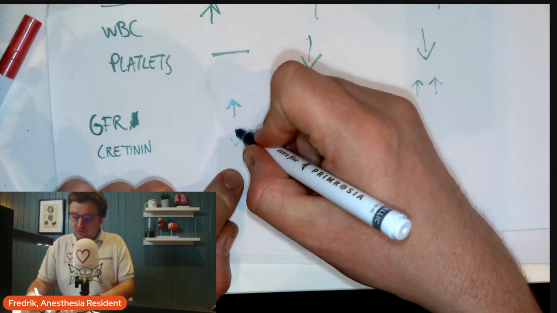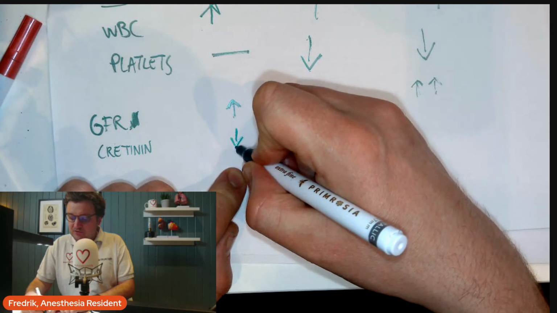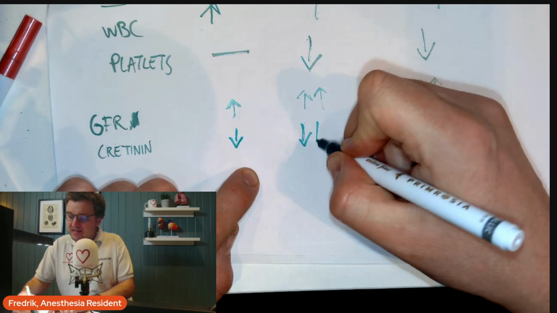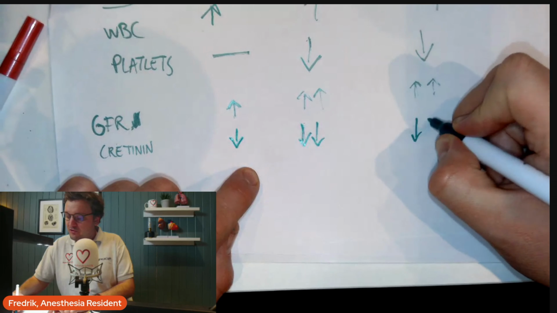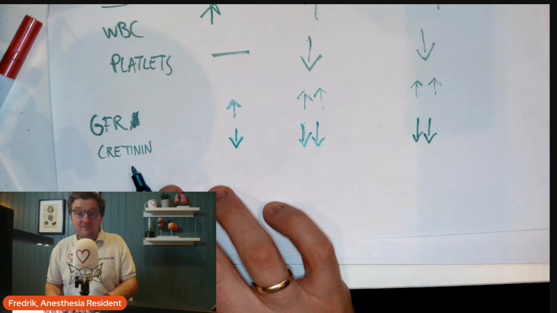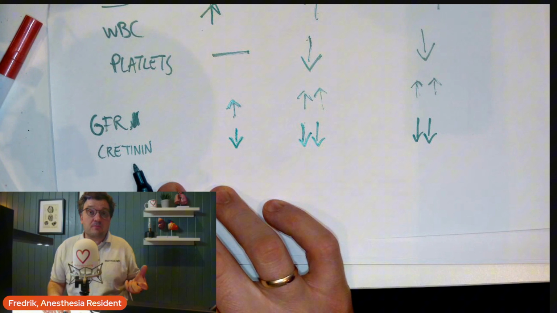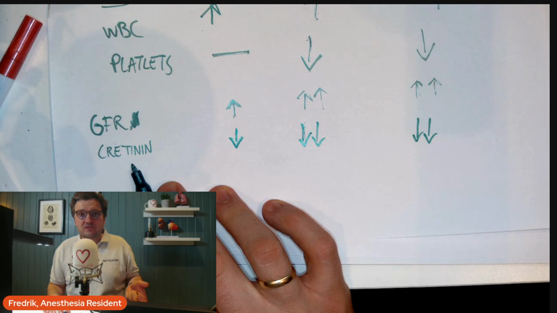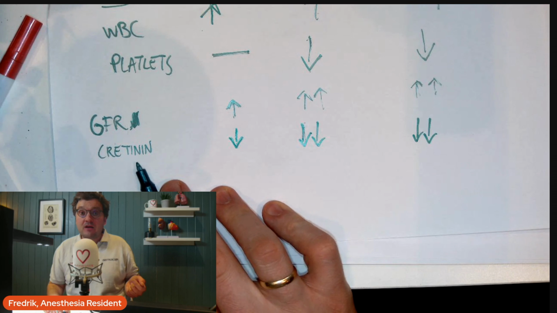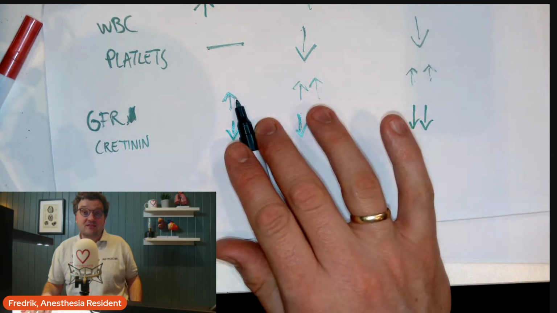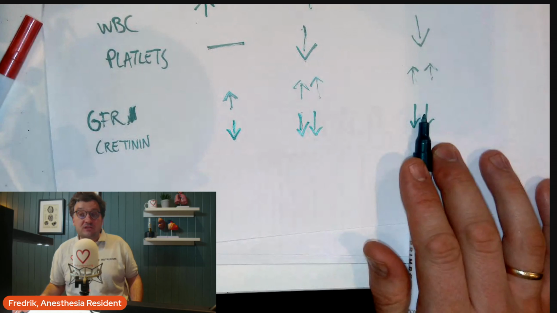The creatinine will do the opposite, being decreased in the first and then greatly decreased in the second and third trimesters. So the creatinine level is obviously not the same as renal function. Muscle mass and so on also contributes, but everything else being equal, when the GFR increases, the creatinine will decrease, leading to this pattern here.